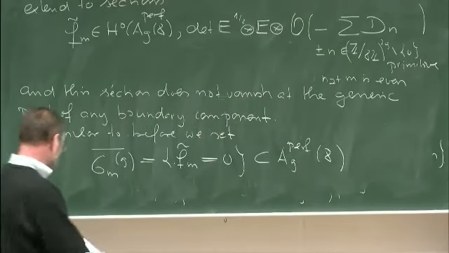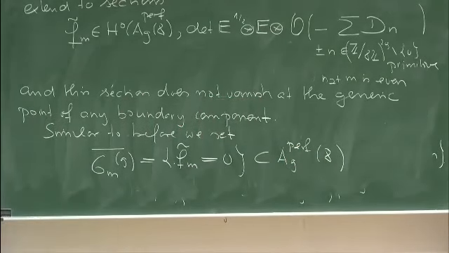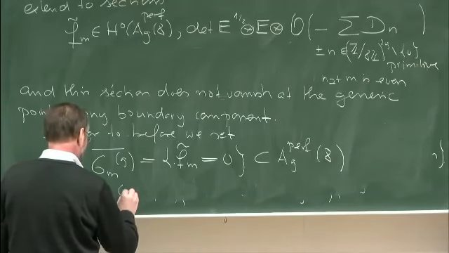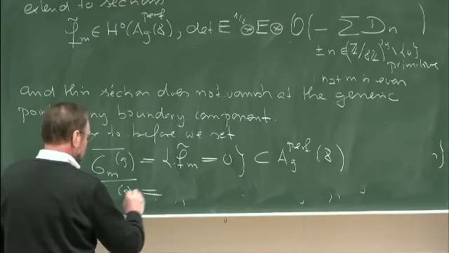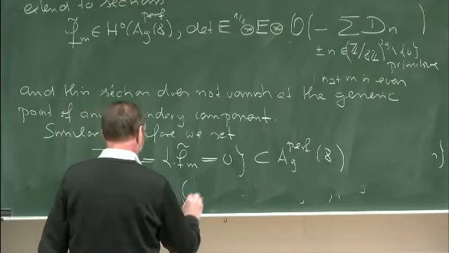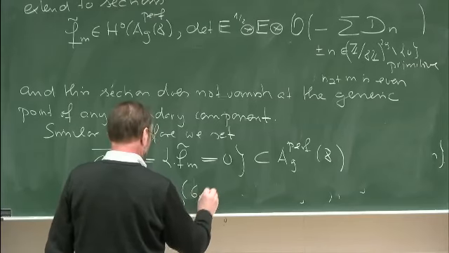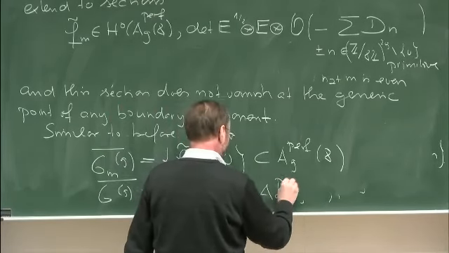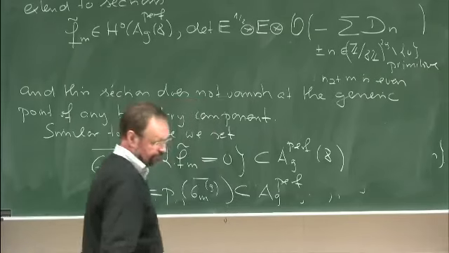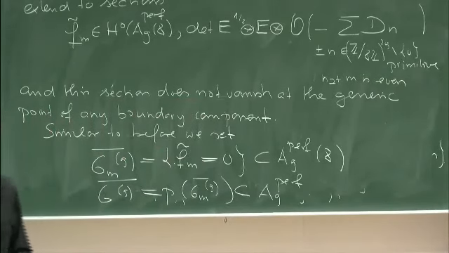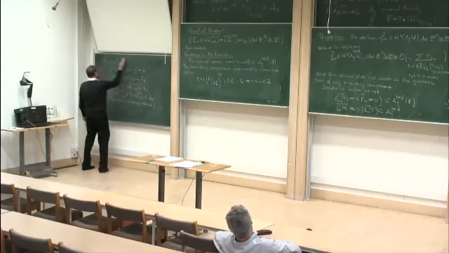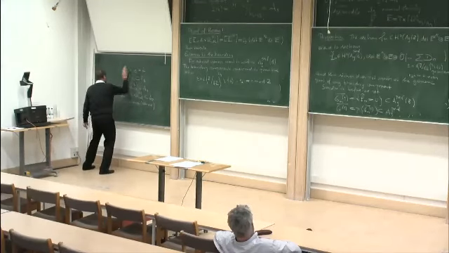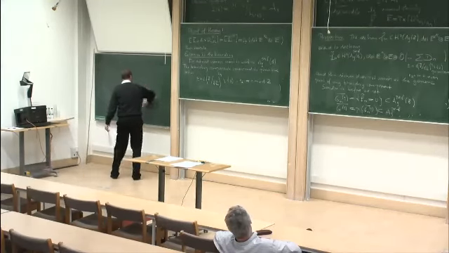This sits in here, and then we project down to level 1. So this is in AG, perfect. Now what we get, and that's essentially by construction.